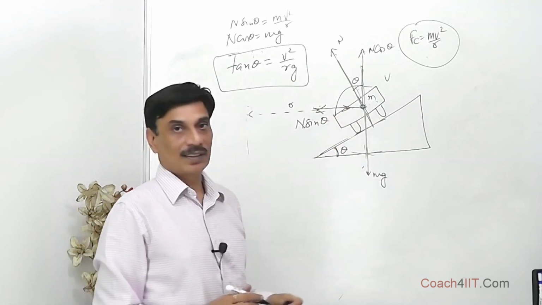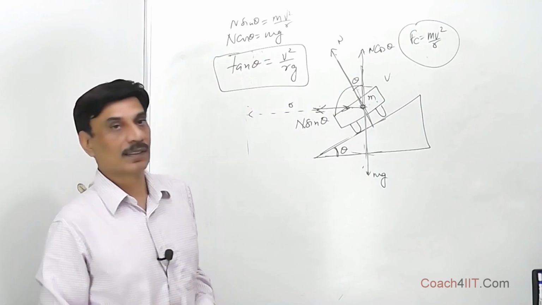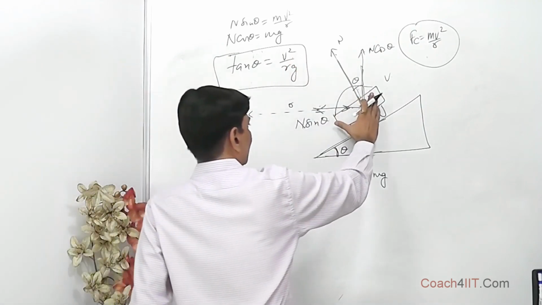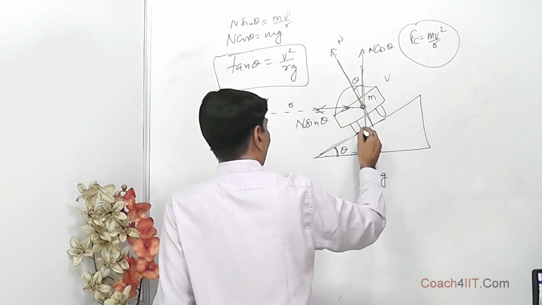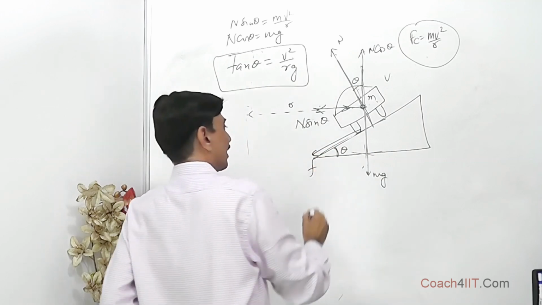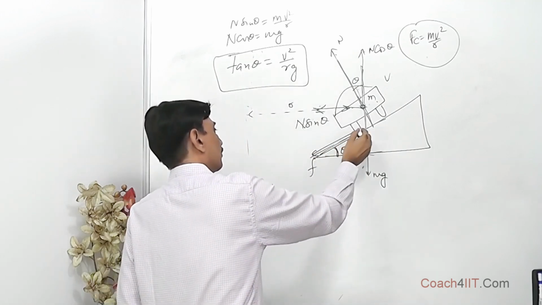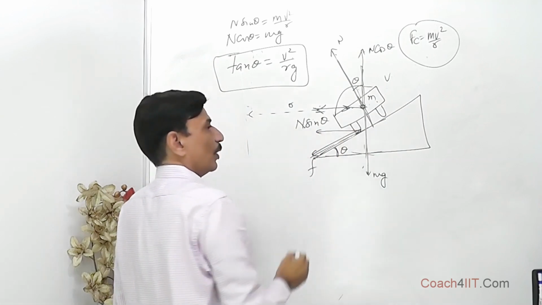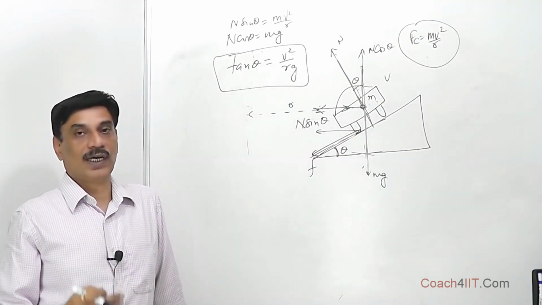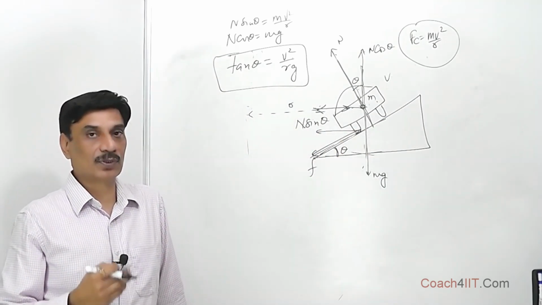If the driver increases the speed beyond v, then the car will have a tendency to skid this way and the friction force will arise in this direction, and one component of this friction force will add to the net force towards the center.